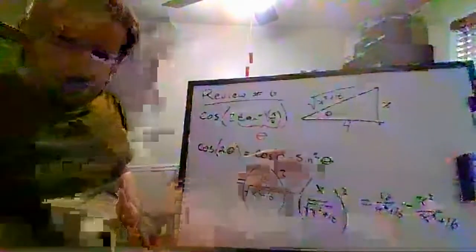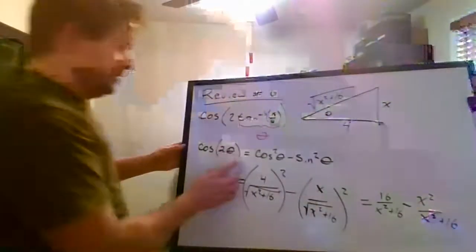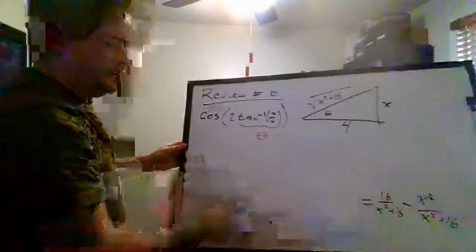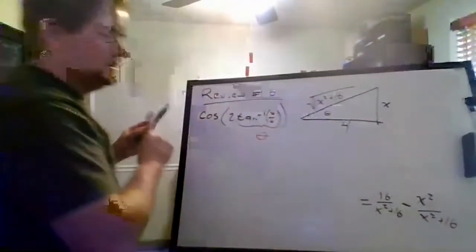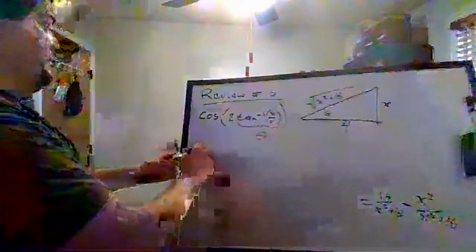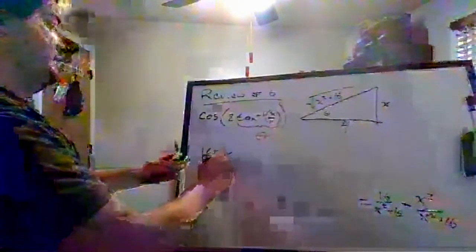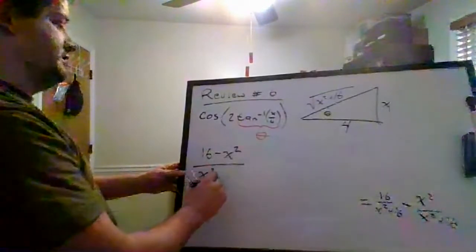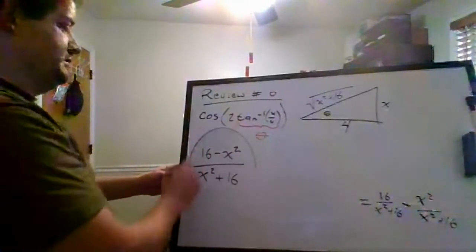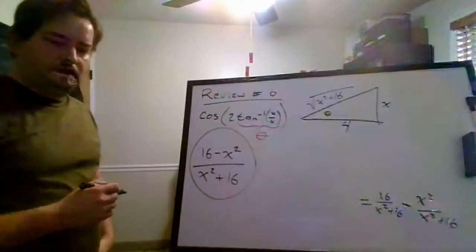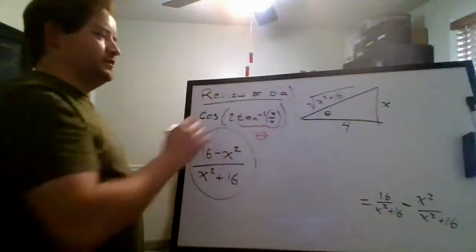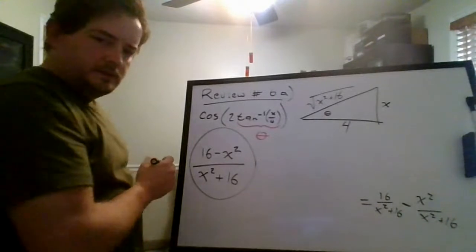But in the end, I can combine these two fractions. This becomes 16 minus x squared over x squared plus 16. And that is 6. This is A. That's the first one from 6. Okay.